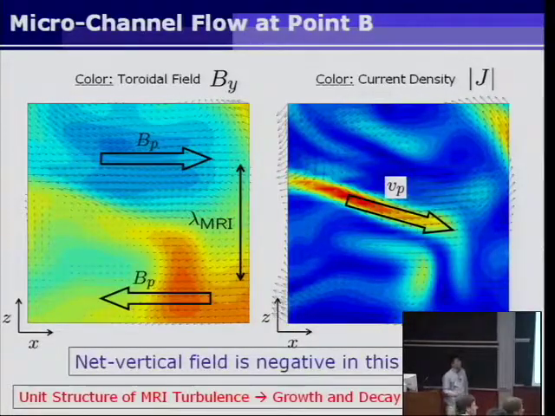Is this simulation done with a net vertical field or not? No, zero net flux. What do you mean here by the net vertical field? In this region, the average of one of those small boxes? Yes, in this region. On the large scale, the vertical field is zero, but locally it exists. I just wanted to be clear. Superposition.